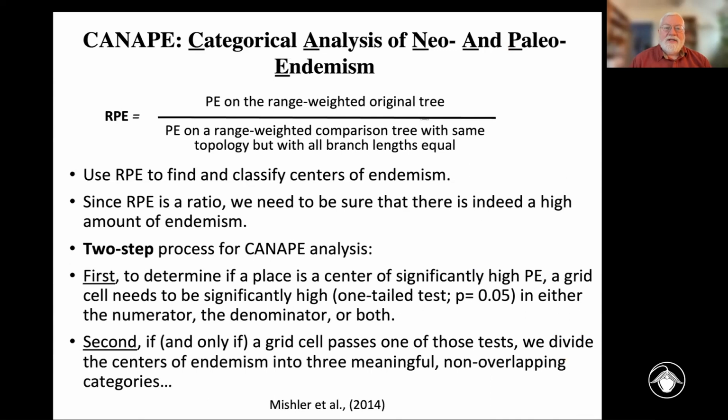And then the most interesting, particularly if you're interested in the conservation aspects, is the RPE, which I explained before. So that's PE treated the same way as RPD, where you're doing PE on the original tree versus PE on this comparison tree.